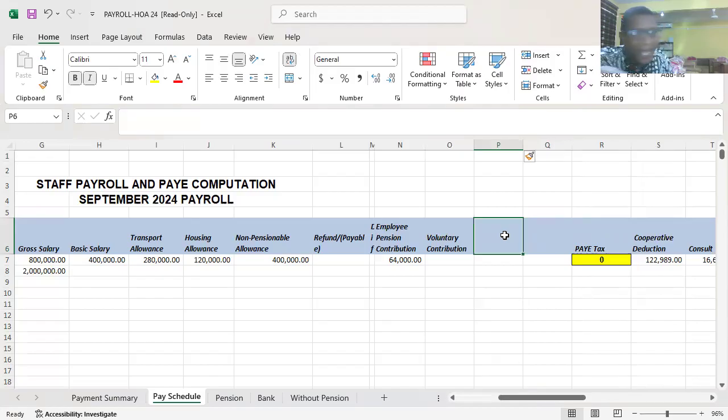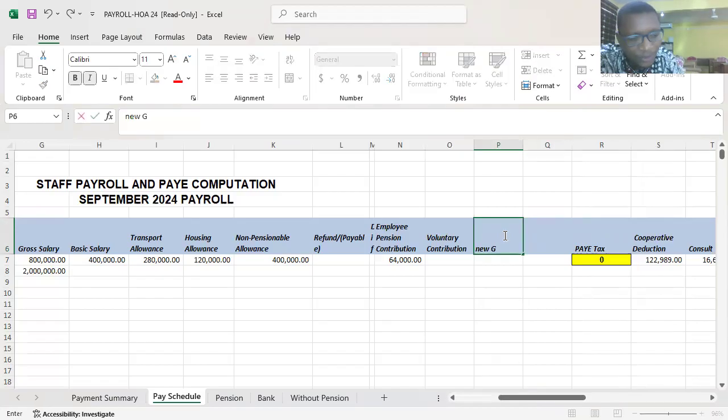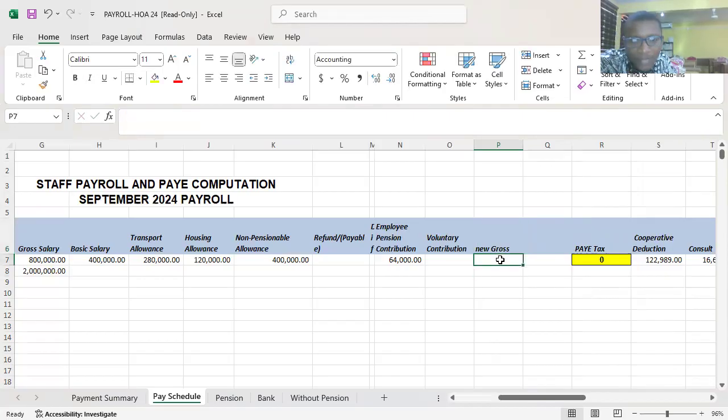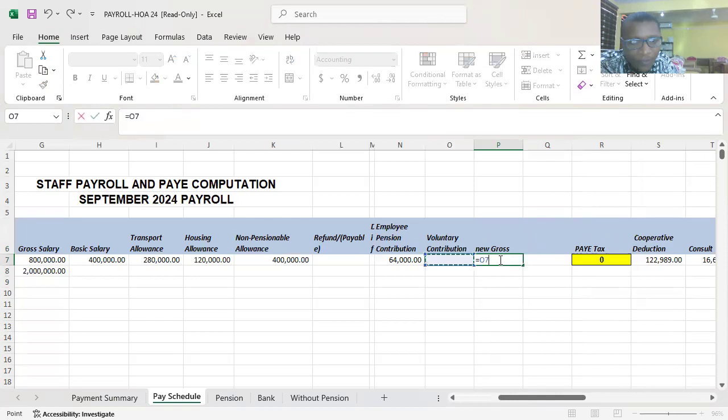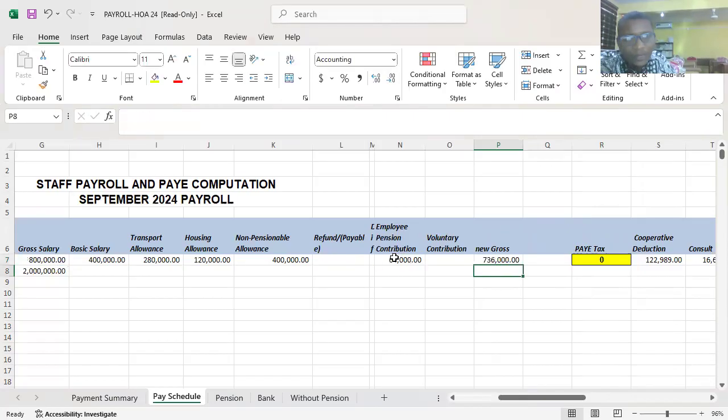So for this, we have new gross, as usual. The new gross will now be what? The normal gross minus pension. That gives us 736. So minus pension is what we have now.